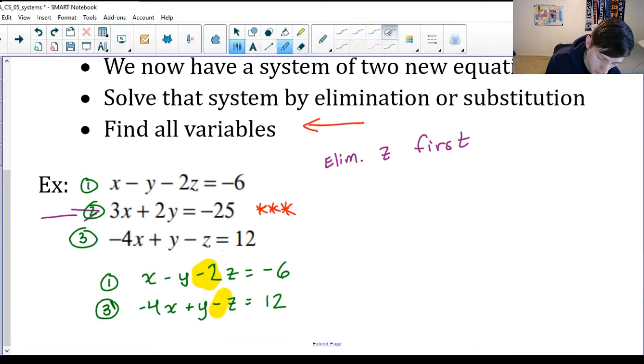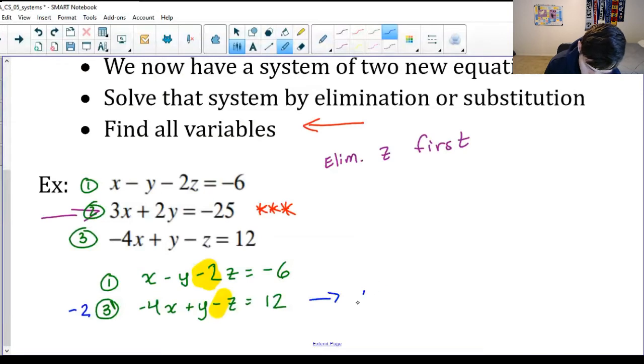So I'm going to aim for -2 and +2. So I'm going to take this third equation and multiply it by -2, because -2 times the -1z will create the +2z, which is exactly what I want.